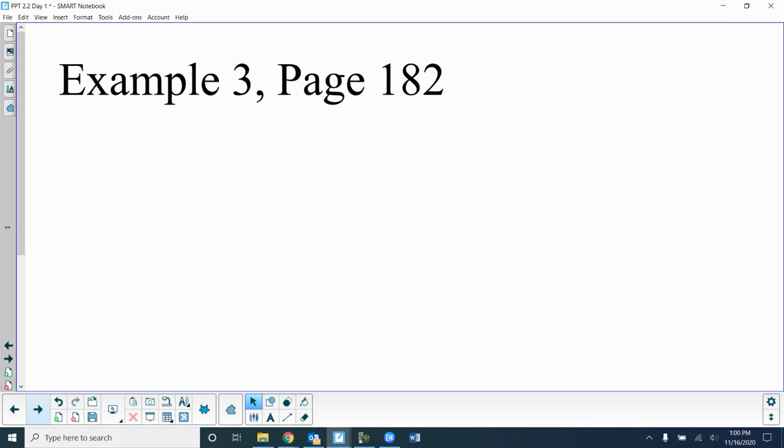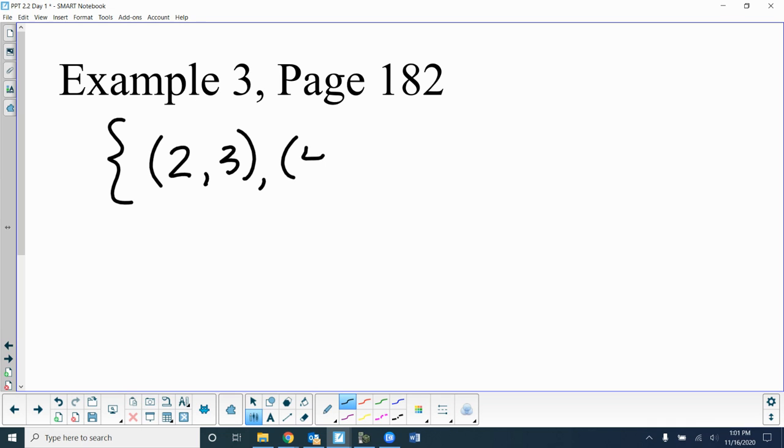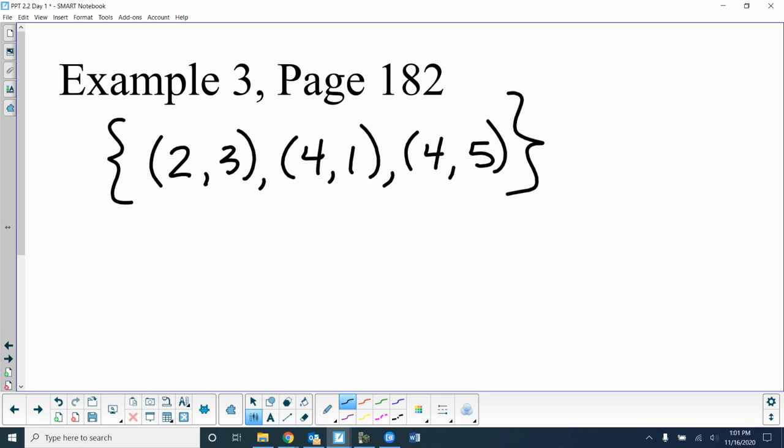All right, so we have an example of some relations, and you're supposed to tell me if we have a function or not. So let me see what this relation looks like. (2, 3), (4, 1), and (4, 5). So I have a set of ordered pairs, a relation here. Is that relation a function?